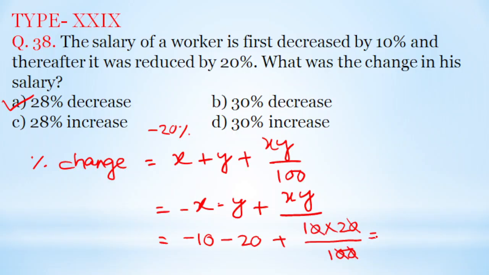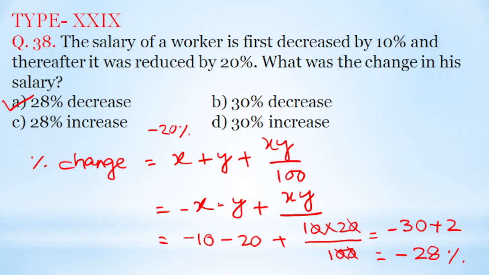So that is equal to minus 30 plus 2. So that is equal to minus 28%. Here this minus symbol means it is decrease. That means here option A is the right answer.